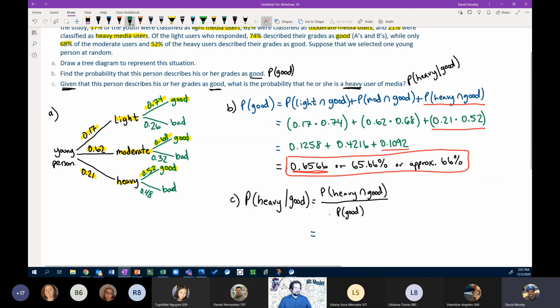So we set it up. We get 0.1092 divided by 0.6566. Right?